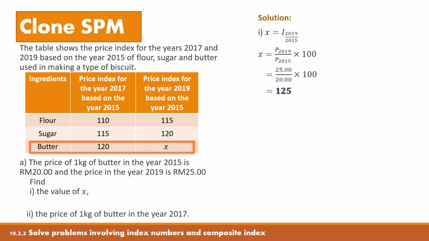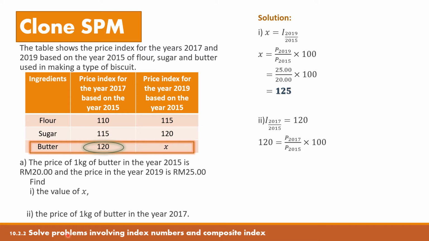And the second question is the price of 1 kilogram of butter in the year 2017. To get the price of the butter in the year 2017, we are going to refer to the price index for the year 2017 based on the year 2015, which is 120. So using the same formula for the price index again, I will say that 120 equals the price for 2017 over the price of 2015 multiplied by 100.